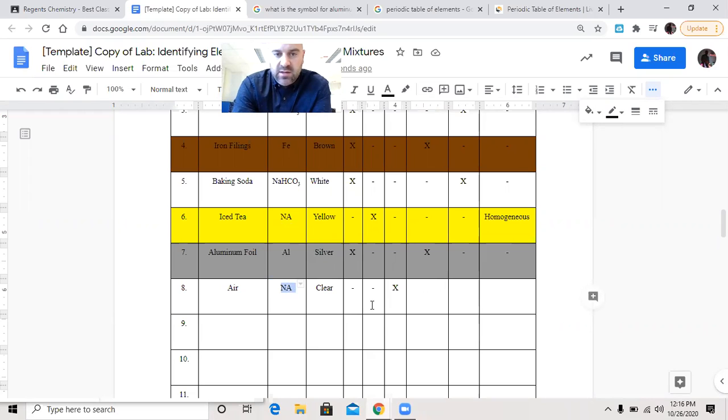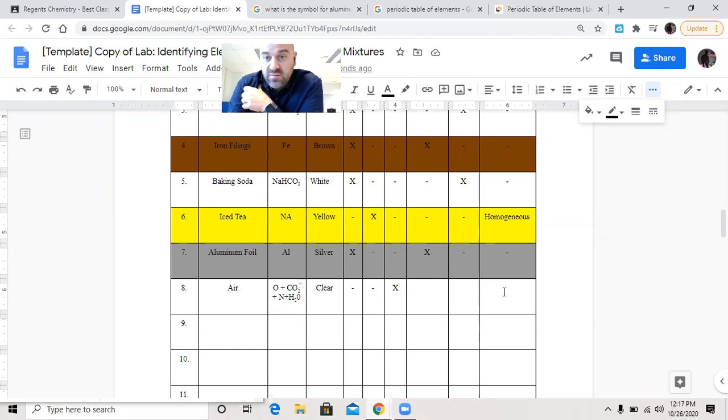You guys told me that in air you have oxygen, plus you have CO2, plus you have nitrogen, plus you have H2O. Since you have all these things mixed together, this plus this plus this plus this, it's going to be a mixture, and that is going to be a homogeneous mixture.